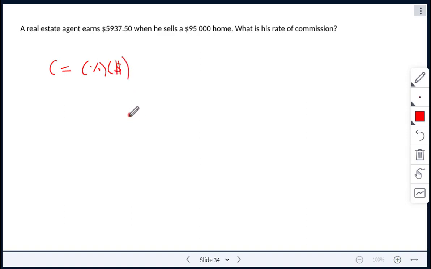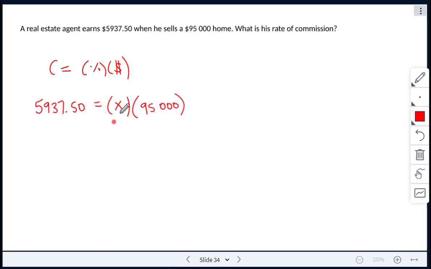We know what his commission is, we're given that, it's $5,937.50. We are trying to solve for the percent, I'll just call it X, and the dollar amount is 95,000.